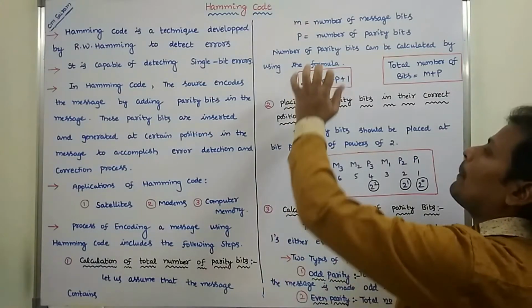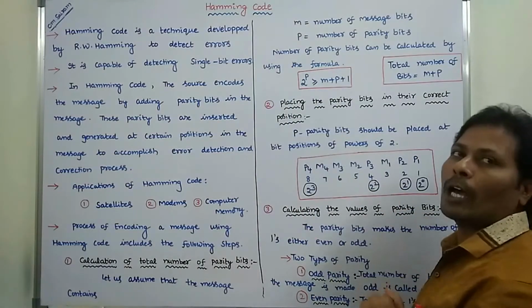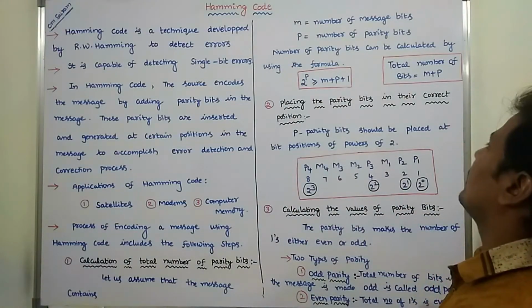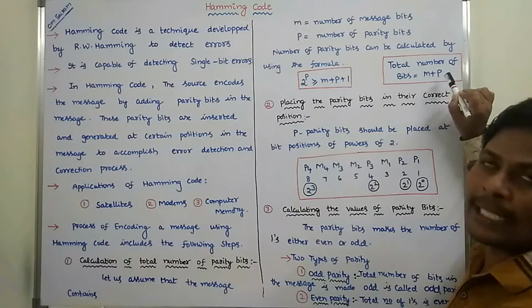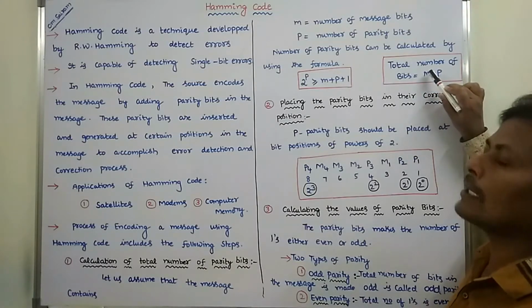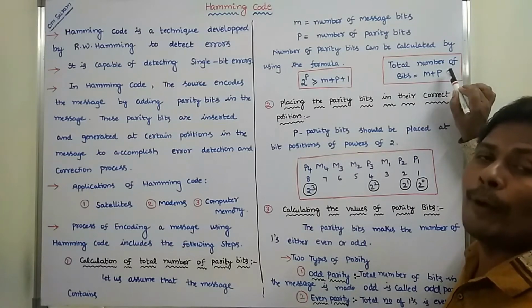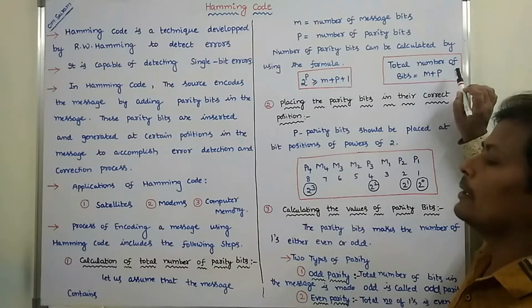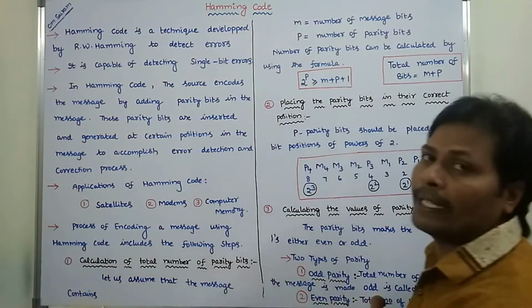Once the p value is calculated using this formula, the total number of bits is equal to m plus p. M is the number of message bits, p is the number of parity bits.